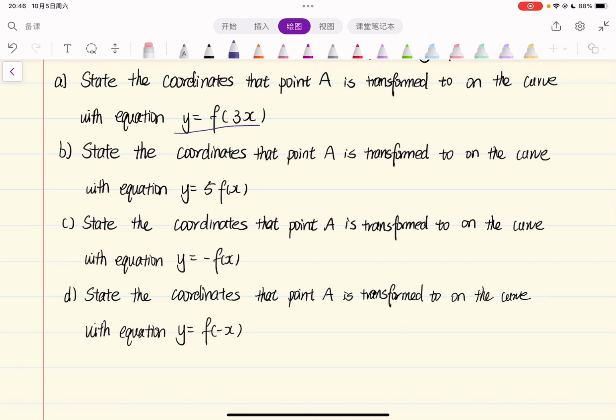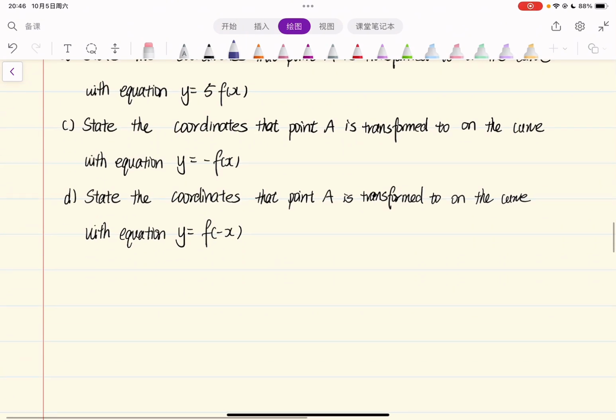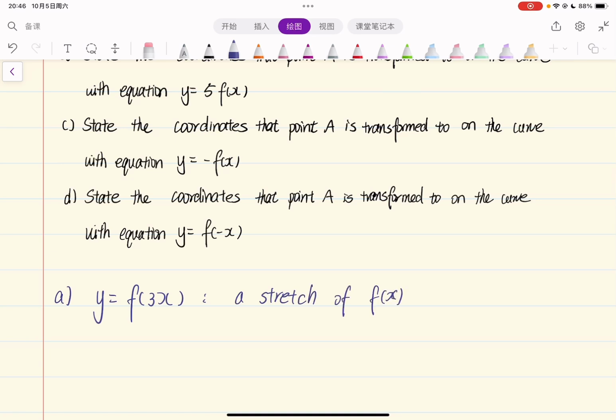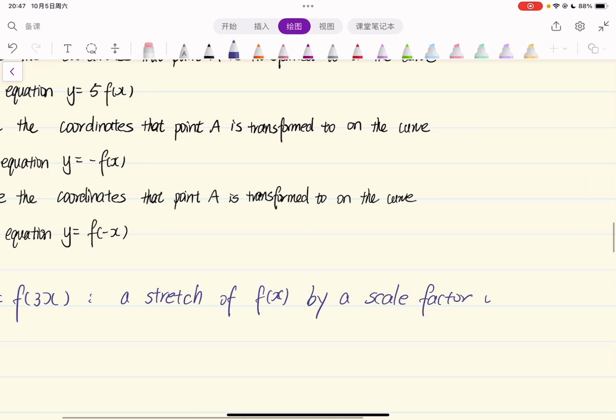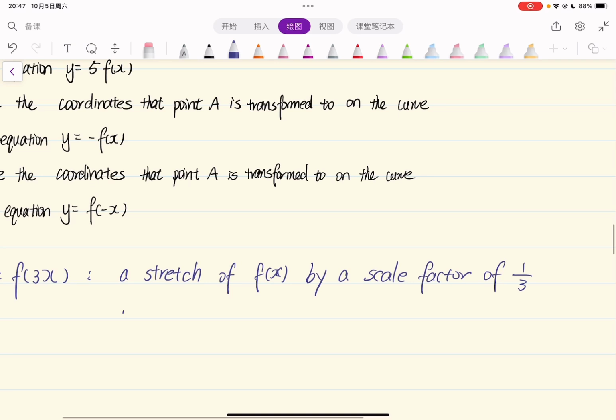We see the constant is in the bracket, which means y equals f(3x) is a stretch of f(x) by a scale factor of a third in the horizontal direction.